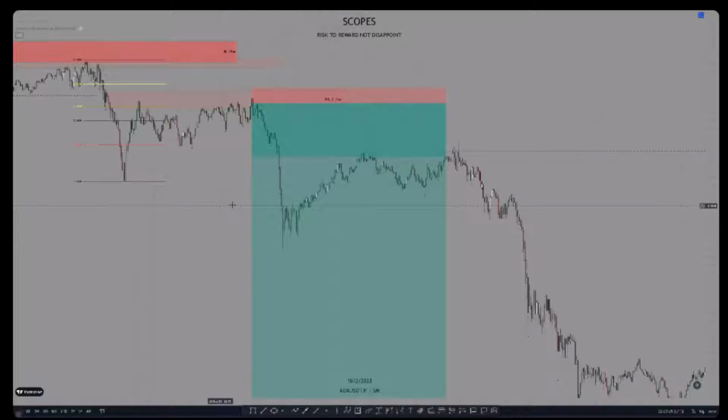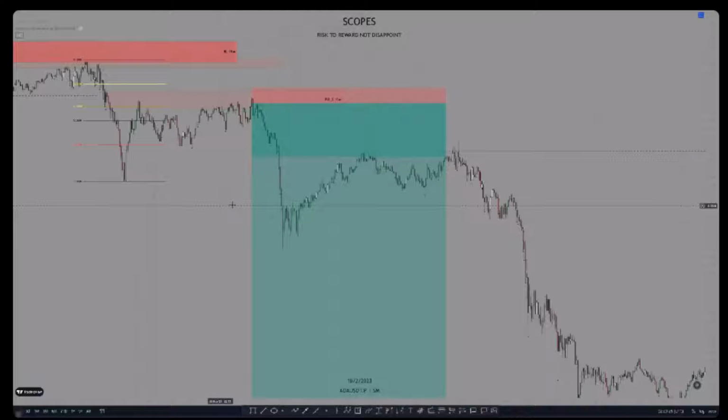Now, if my stop loss would have been at break even from this break, then I did this fib. This is all I had to do. Done the fib, found this candle, and thought, right, if price comes back up and breaks this area, I'm at break even anyway, so I've got no risk in the trade, obviously only fees.